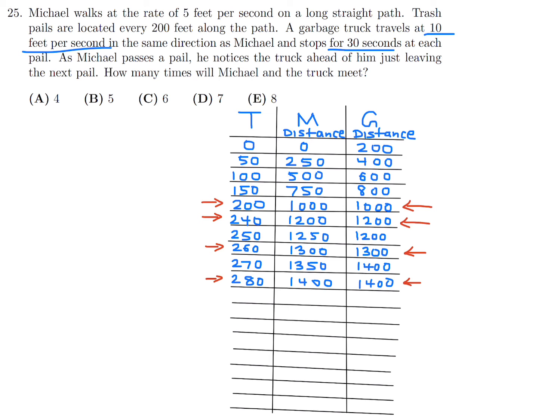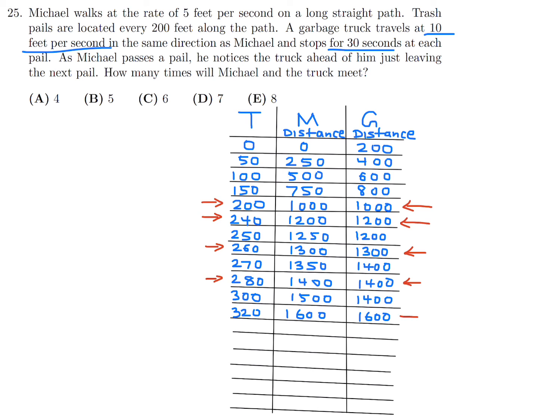Okay. All right, I'm getting tired of this. Hopefully we can end this sooner or later. At 300, we're up to 1500, and then 1400 still, right? Now the garbage truck starts moving, but we've got to be careful. Let's try 320. At 320, Michael is up to 1600, and the garbage truck is up to 1600.